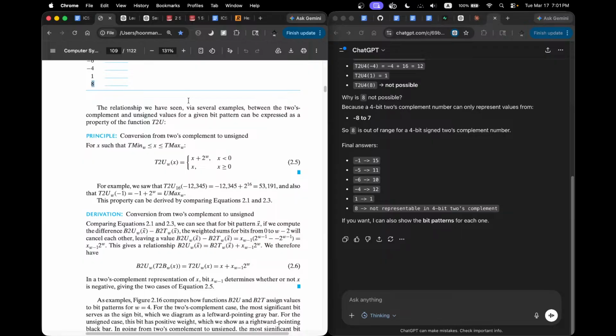Conversion from 2's complement to unsigned. T to U.